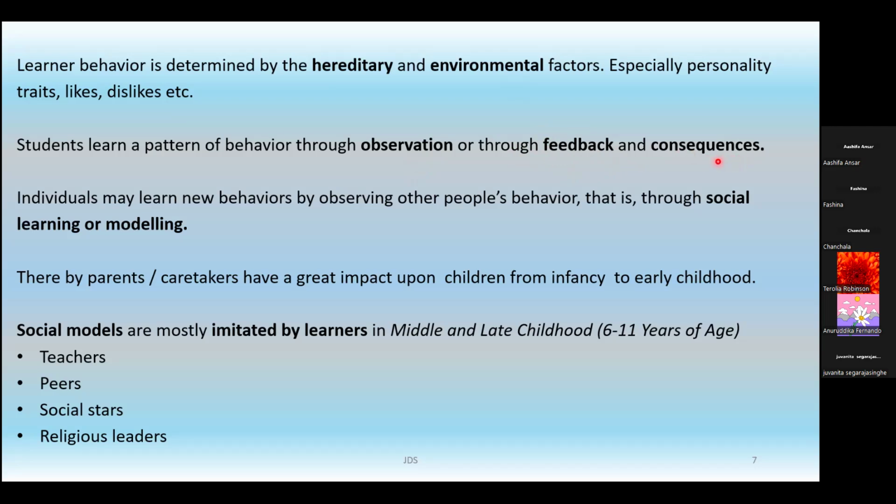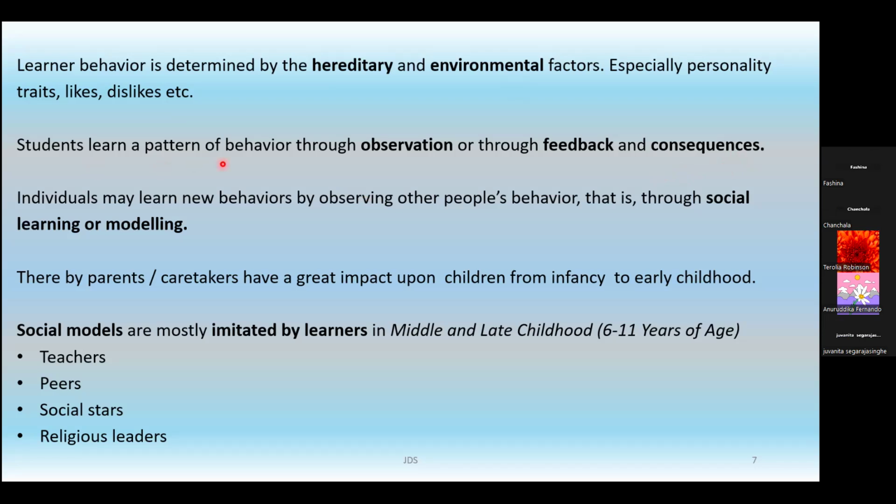Consequences, their own consequences. When they do something, the results that they get. If the results are positive, they tend to stick to the same behavioral pattern. If the results are negative, if they have got something bad out of that action, then they will refrain from that behavior. Right?